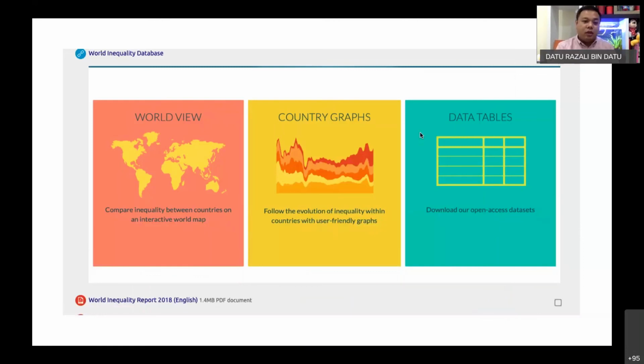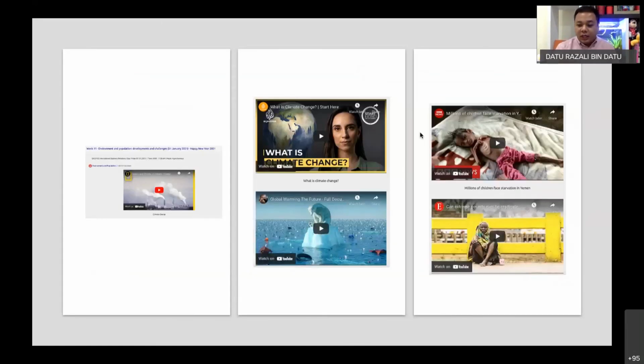We are talking about inequality, so we provide certain live stats, world view, country graph, and data table for the students to get access to, so they can do assignments better. All of these make sure that students are engaged, and they have a one-stop center, ubiquitous for all, for their learning process itself.